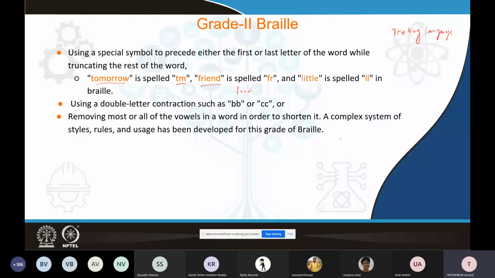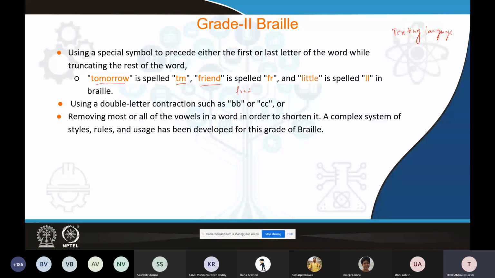So given any word, like say tomorrow, if you remove the vowels occurring within this word, then the resultant word that you are going to get actually will have the same kind of pronunciation as the original word.